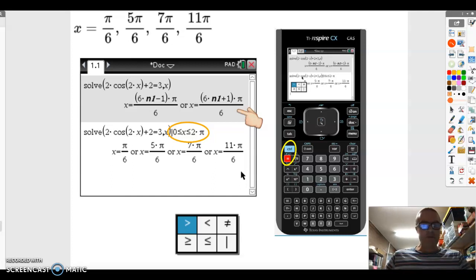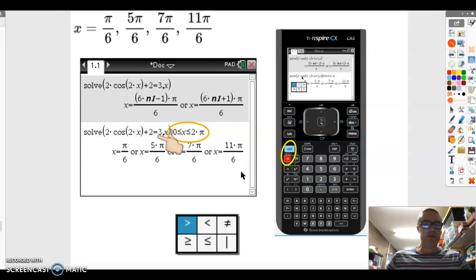What we need to do, if we're after the specific solutions in the interval 0 to 2 pi, is put that after the solve command on the calculator. So you'll see we've used the solve command.